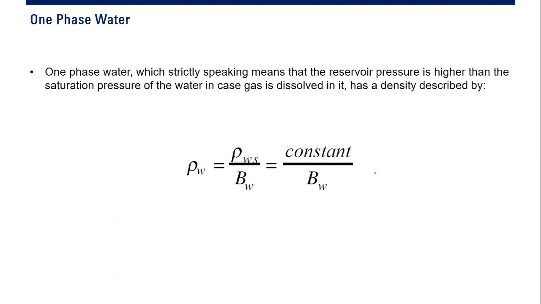And then we can also have one-phase water, for example, let's say, in an aquifer. One-phase water, which strictly speaking means that the reservoir pressure is higher than the saturation pressure of the water, in case gas is dissolved in it, and it has density described by this one: rho Ws divided by the water formation volume factor.